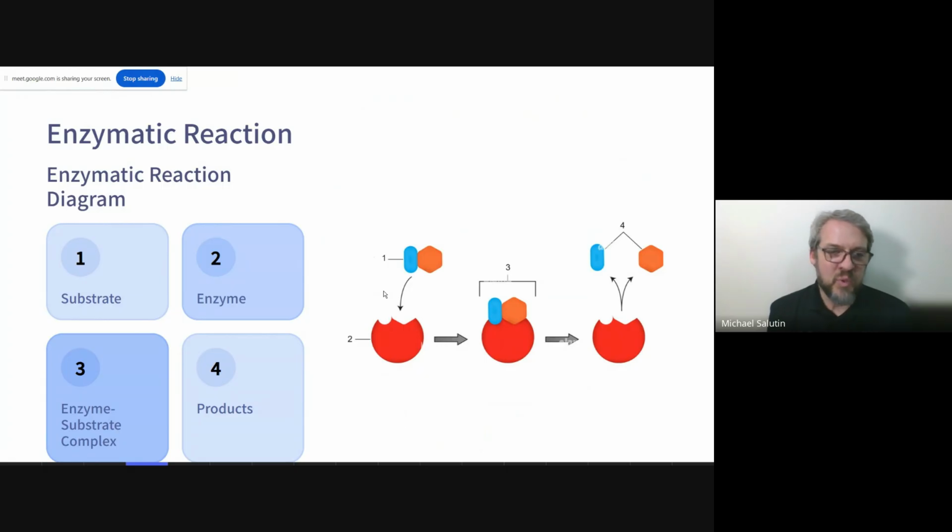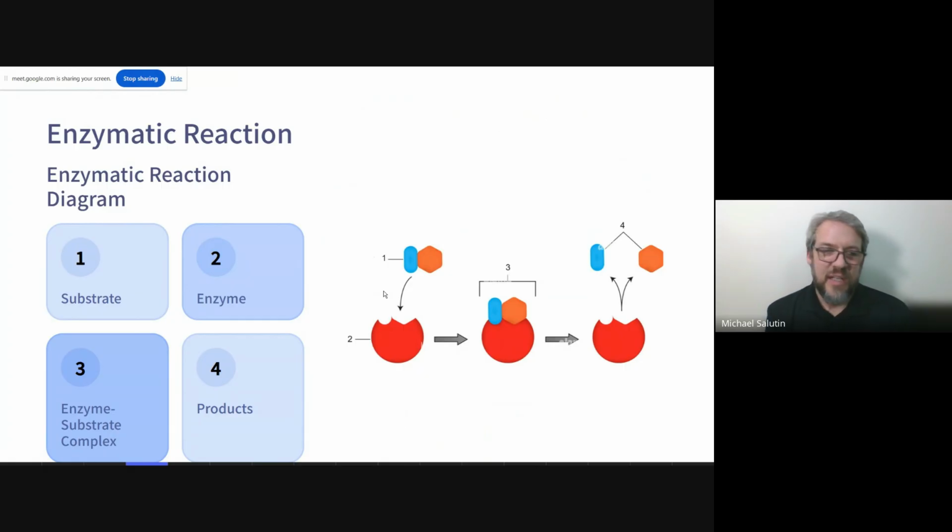Starting with number 1, that is called the substrate, the blue and orange objects together. In this case, let's use the example of hydrogen peroxide, which we did in the lab. If you look now at number 2, the red semicircle, you can see that it has specific indentations. Those are the active sites.